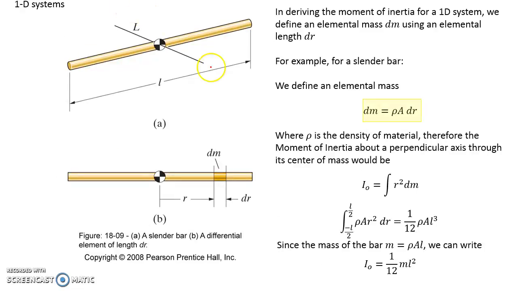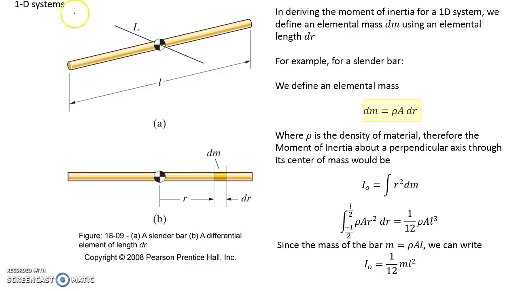Recall that mass is density times volume. So for the entire bar, the mass would be the density multiplied by the volume, A times L, the length of the bar. A is the cross-sectional area, and of course density here is represented by rho.